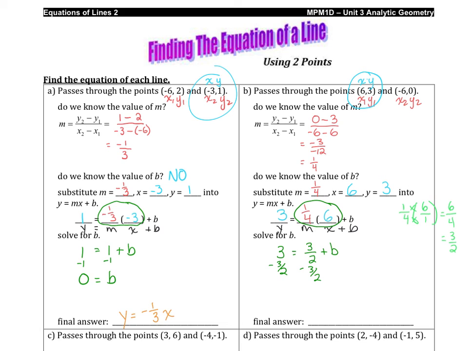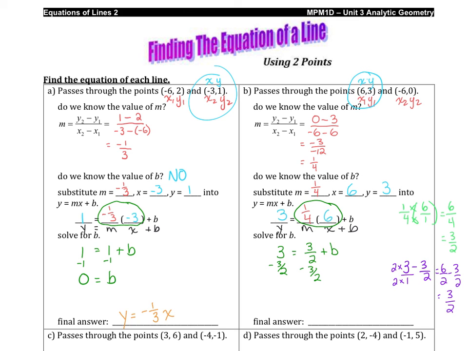And again, use your fraction button or use your math skills. So 3 subtract 3 over 2. You need a common denominator. So the common denominator is 2, so you're going to multiply top and bottom by 2. So that gives you 6 over 2 minus 3 over 2, which is 3 over 2.